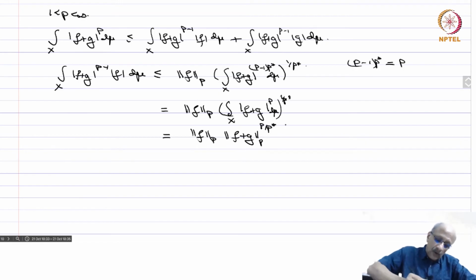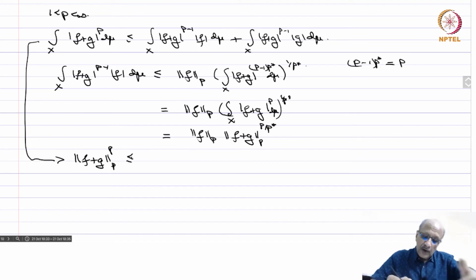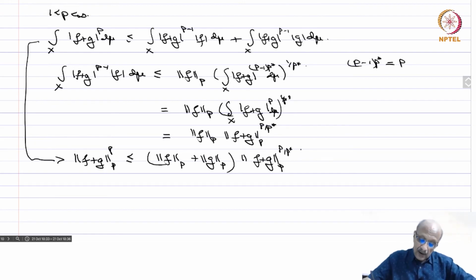So you get that the left hand side, norm f plus g_p whole power p, is less than or equal to, applying this to each of the terms, norm f_p plus norm g_p into norm f plus g_p to the power p by p star.